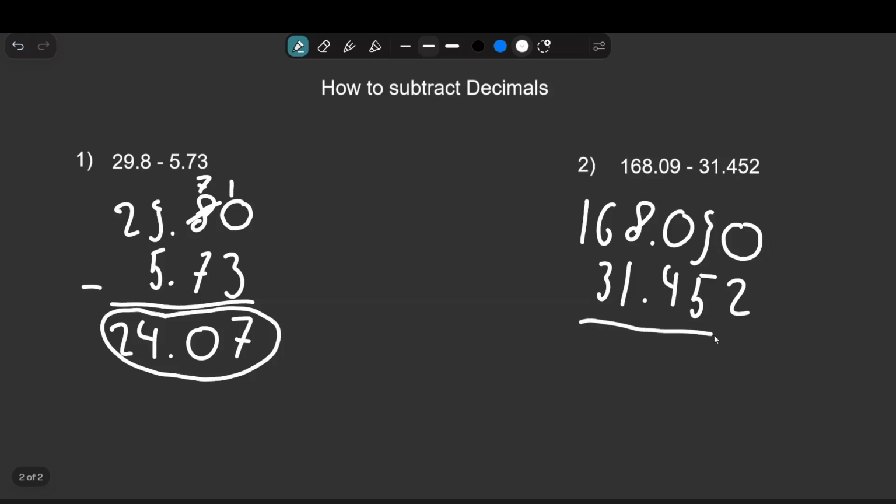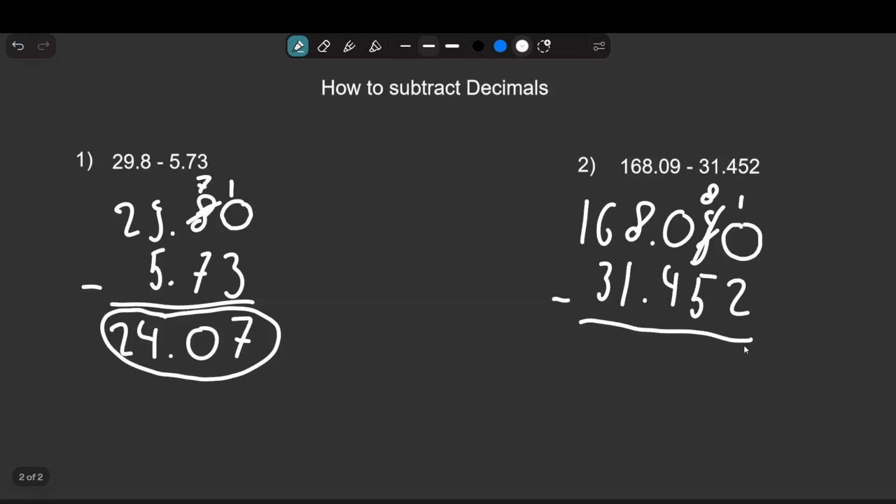So let's start subtracting. 0 minus 2, we can't do that, so we have to take from the 9 again. So this becomes an 8, and this becomes a 10.